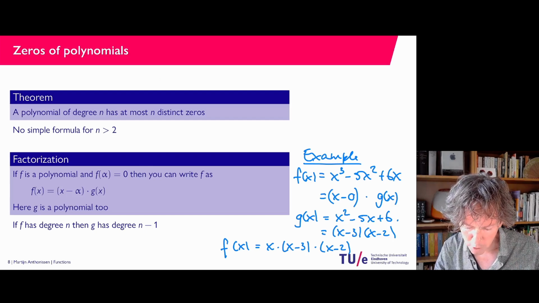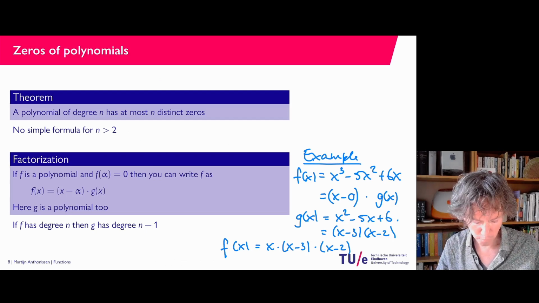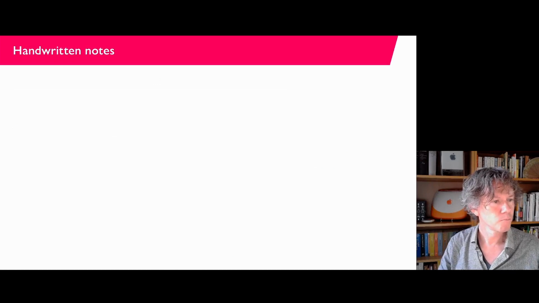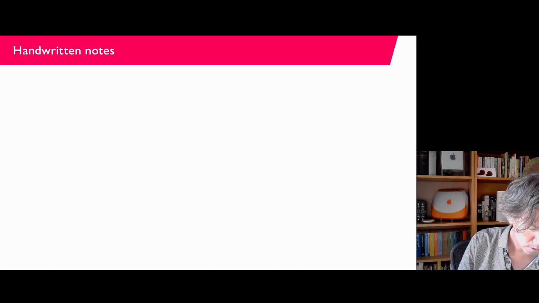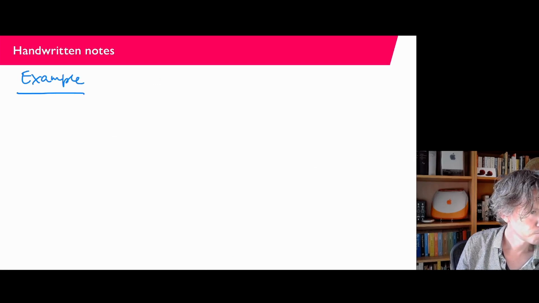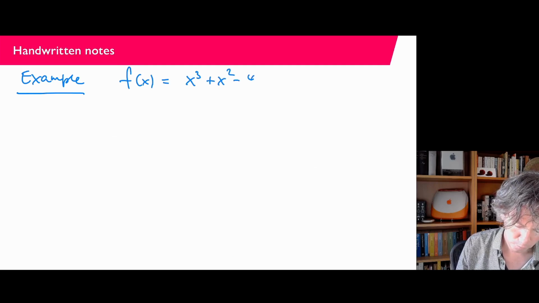Let's do one more example on a fresh bit of paper. So a little bit more difficult. f of x equals x to the power 3 plus x squared minus 4 times x minus 4.